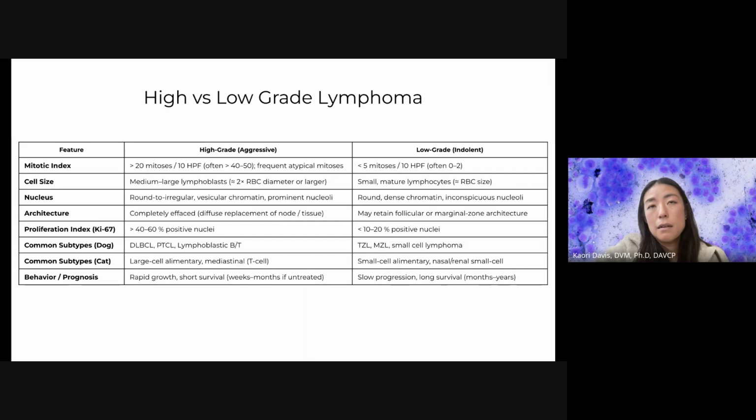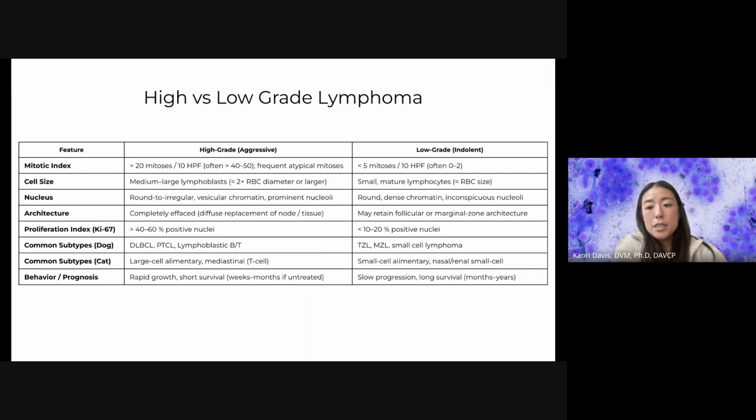Ki67 is a marker that we can use to see exactly how many cells are dividing. This proliferation index is positive in oftentimes 60% of the neoplastic cells in high-grade lymphoma, but it is only positive in 10 to 20% or less in low-grade lymphoma.